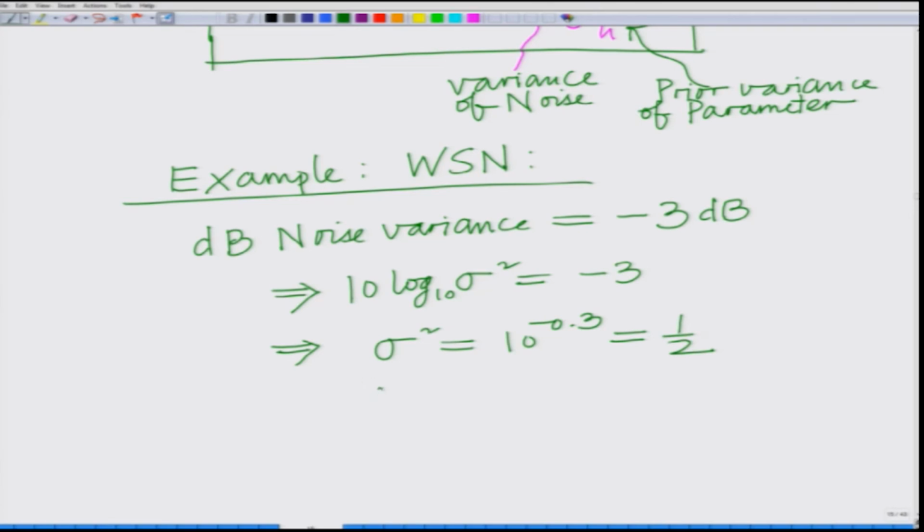We also have the prior variance sigma h square equal to 1 by 4, this is the prior variance.